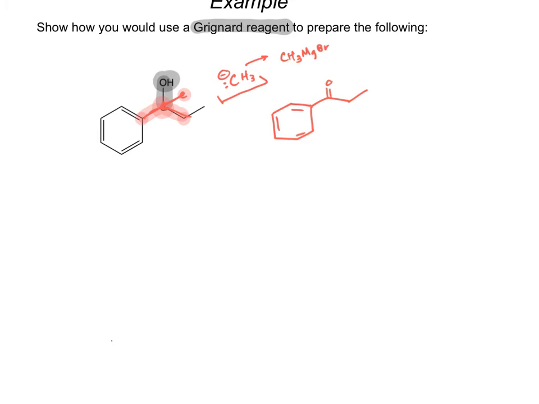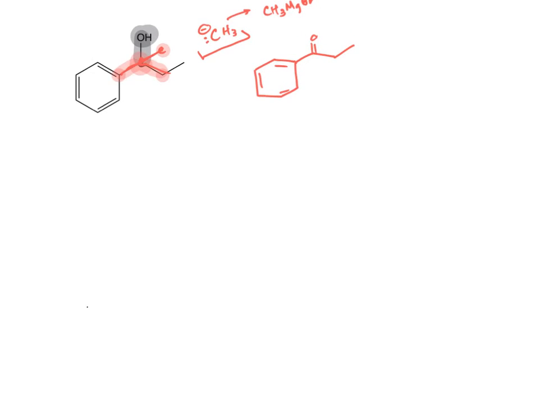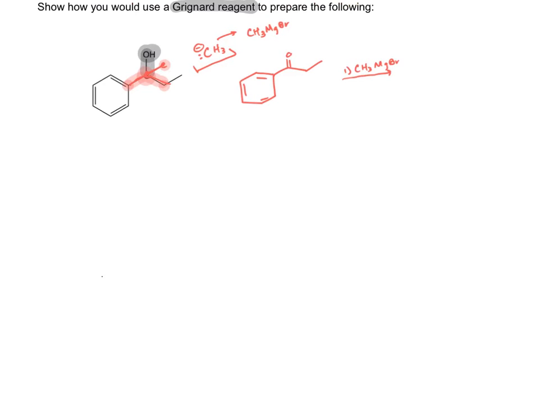So again, with Grignard reagents, we would have our starting ketone. The first step would be reduction with the Grignard reagent, CH3MgBr. We would end up with our alkoxide that would have our new carbon-carbon bond. But to get rid of that alkoxide, to protonate it, we would have to follow in a second step with water.